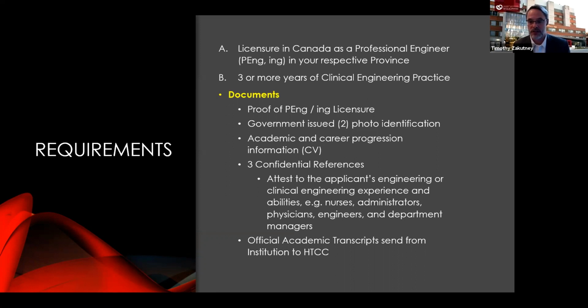There are some references that we seek out to validate your clinical engineering experience and your skill set, and also an official set of transcripts that are forwarded to the HTCC, who then put these together and submit it to the board for evaluation. Those are the documents that we actually review before we approve you to proceed with the certification exercises.